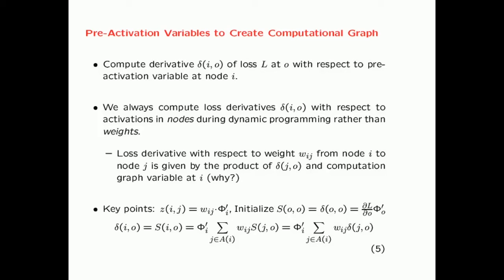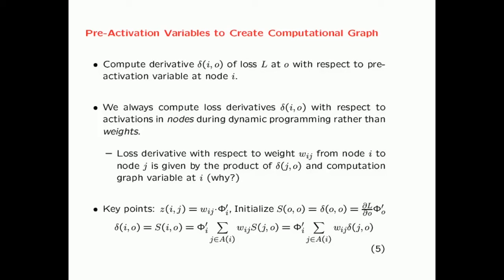You don't directly compute it with respect to the weights, because the loss derivative with respect to a weight w_ij from node i to node j is given by the product of the loss derivative with respect to the node at j and the computational graph variable at i. And I will leave it to you to work out why this is the case. This is just one further application of the univariate chain rule. You can show this.